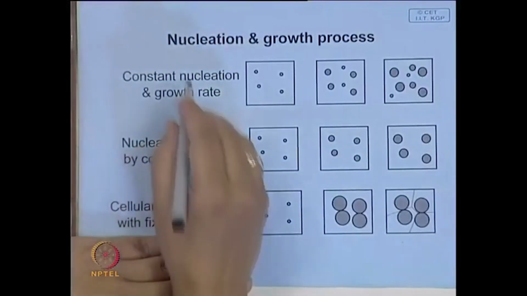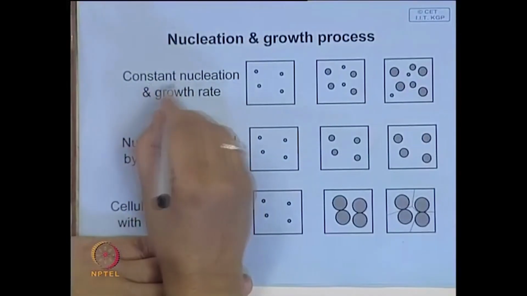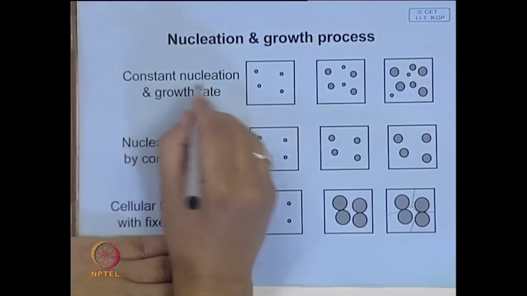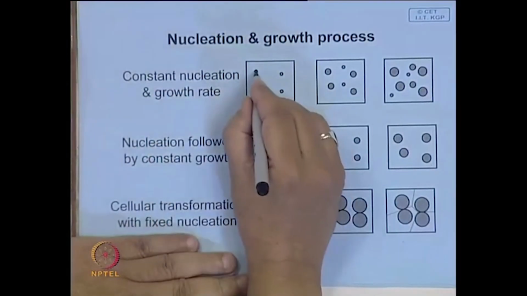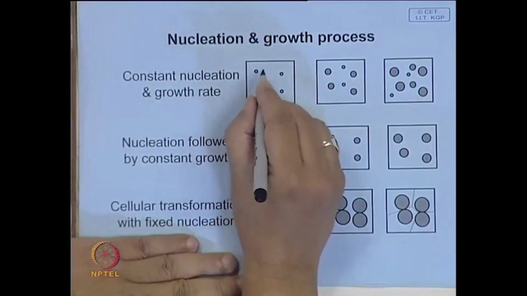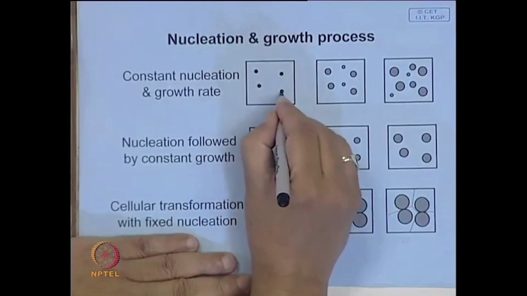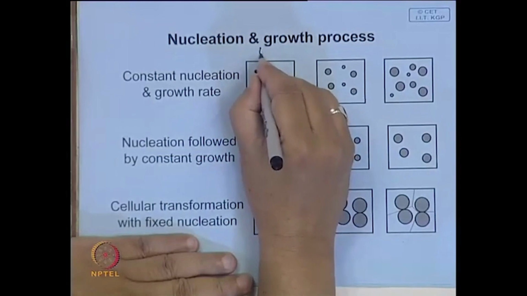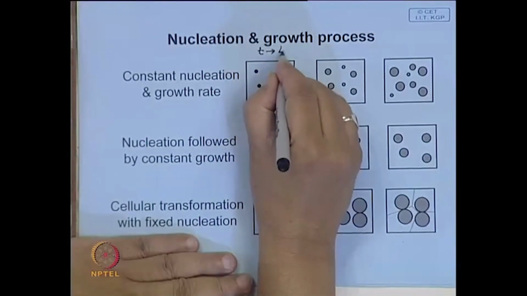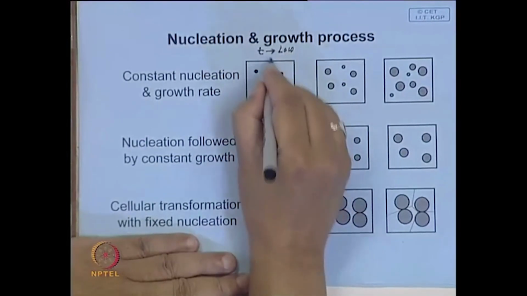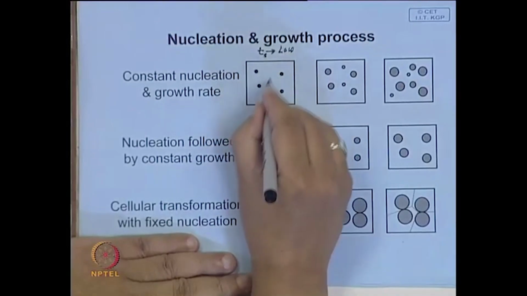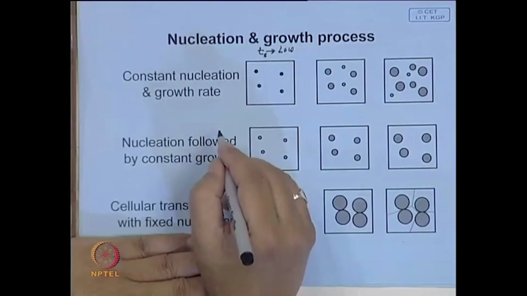Say suppose we can make one assumption that there is constant nucleation and growth rate, which is shown here, that every time you have a certain amount of nuclei forming. Right at very low time, you have very small amount. So, it is close to T s, you have so many nuclei formed.